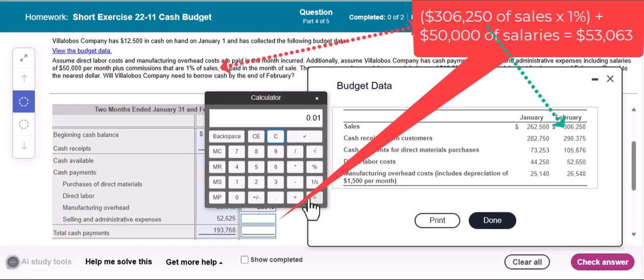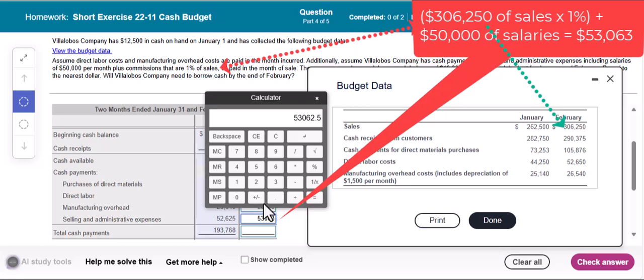That gives us 1%, so that is $3,062.50, and we will add $50,000 to that amount. And for this one, we also want to round to the nearest whole dollar as well. So this is going to get rounded to 53,063.